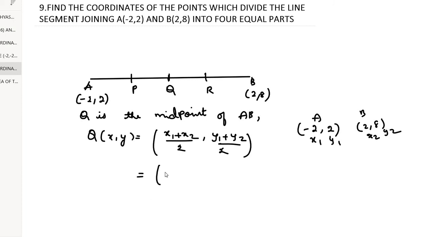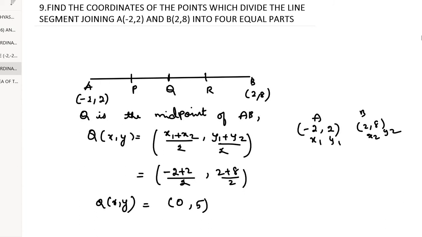Substituting, I'll get minus 2 plus 2 by 2, 2 plus 8 by 2. That is 0 comma, 8 plus 2 is 10, 10 by 2 is 5. So the coordinate point of Q is 0 comma 5.